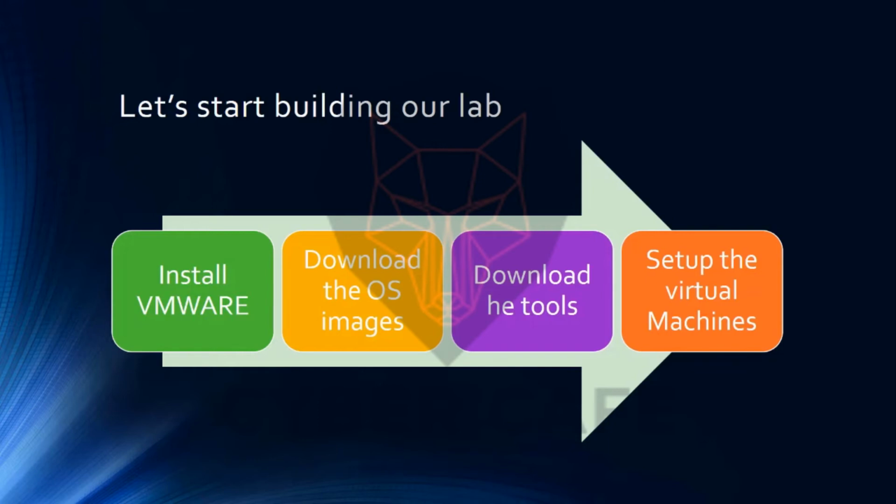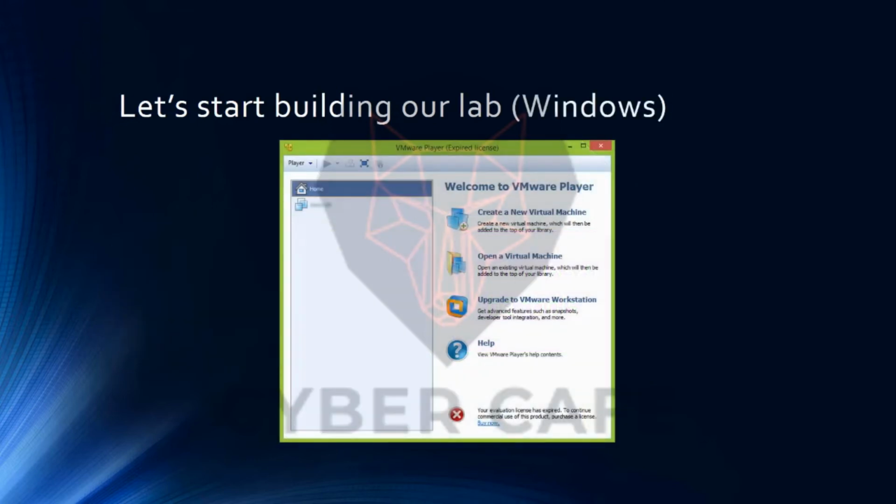So, as we agreed that we will be using VMware Player as our virtualization environment, and VMware Player can run on Windows or Linux or even Mac. So if you are using Mac, you can follow the course.